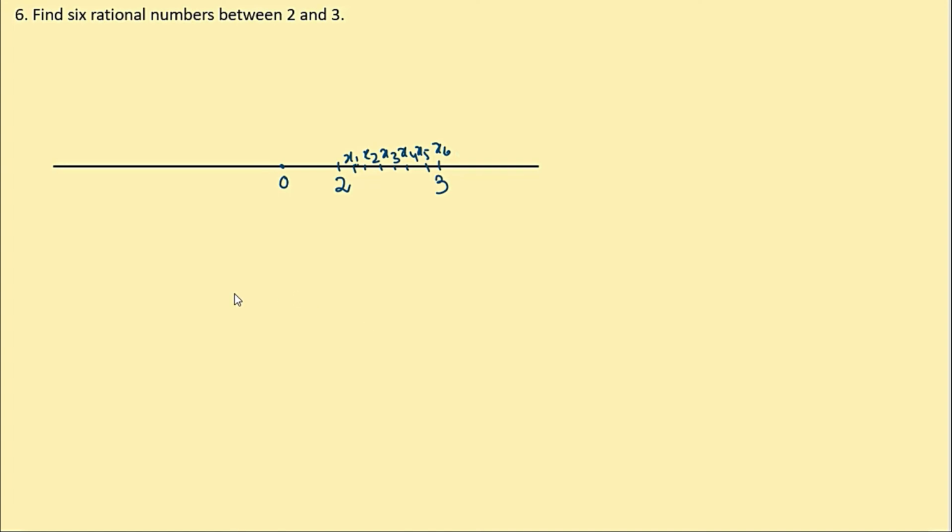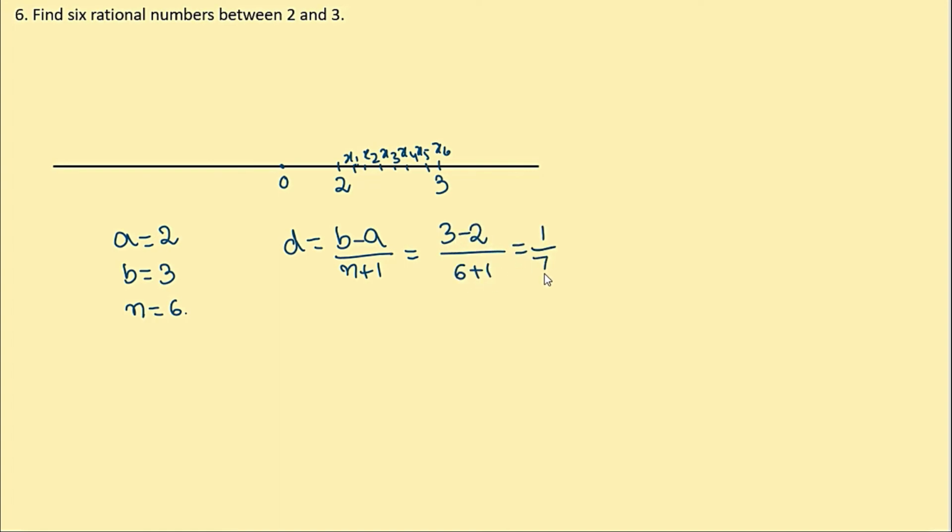Okay. So, here it's evident that A is the smaller number, that is A equals to 2, B equals to 3 and N equals to 6. Okay. So, the common difference is D equals to B minus A divided by N plus 1. So, B is 3 minus 2 divided by 6 plus 1, that is 1 by 7.